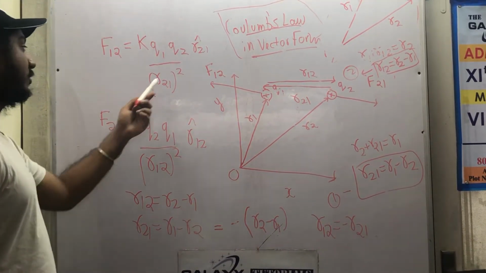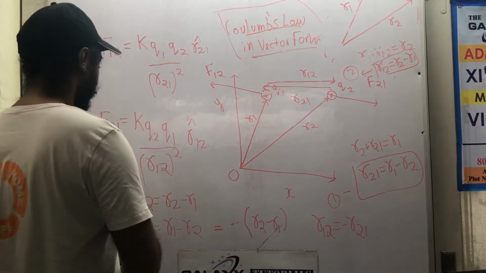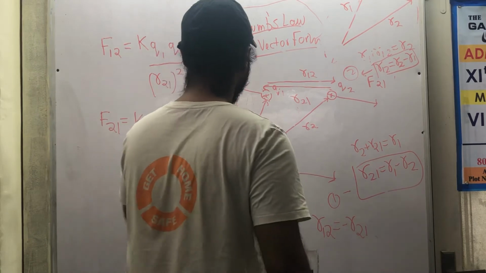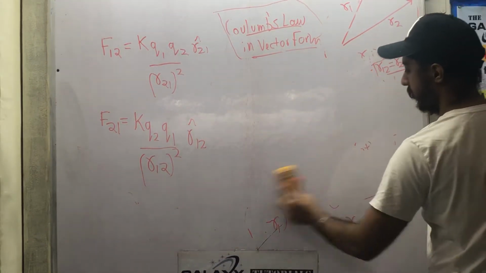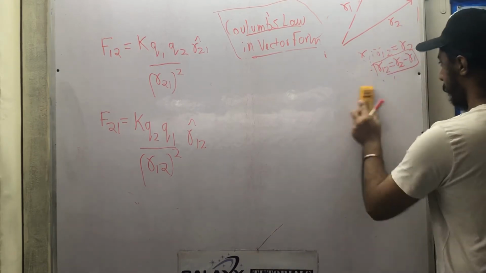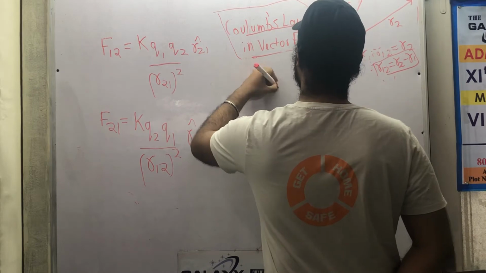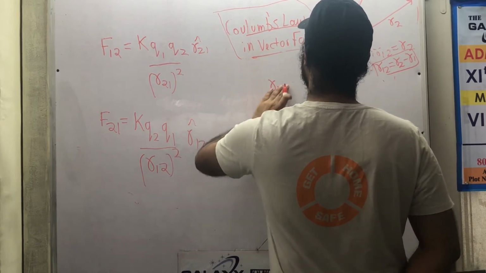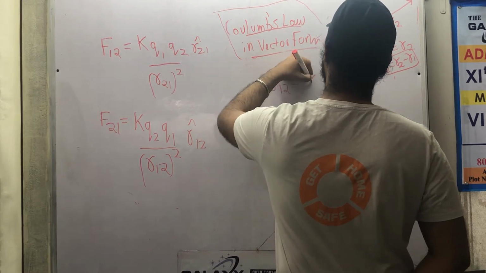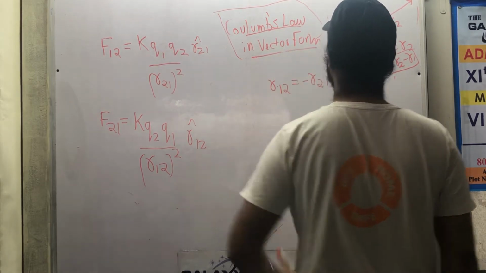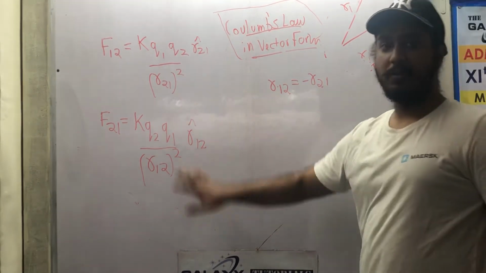Now I will substitute the value here. We found out that R12 is minus R21, so you can substitute that value here.